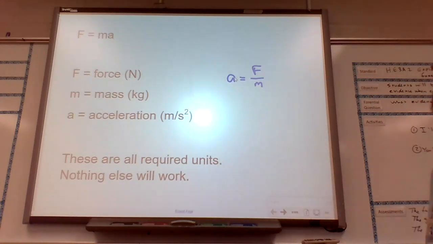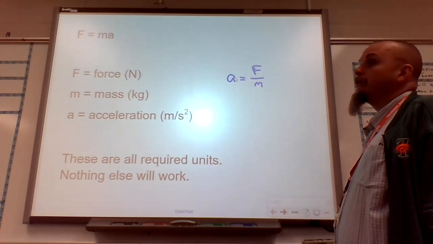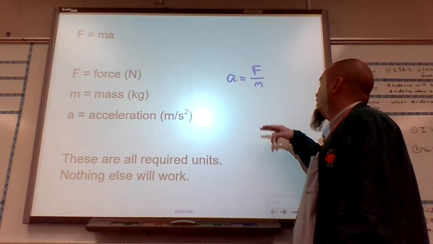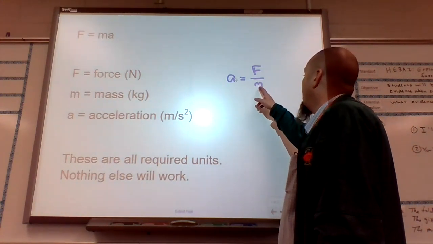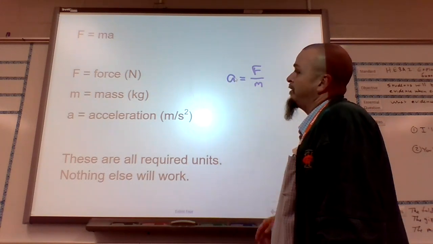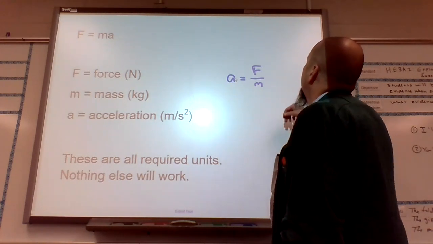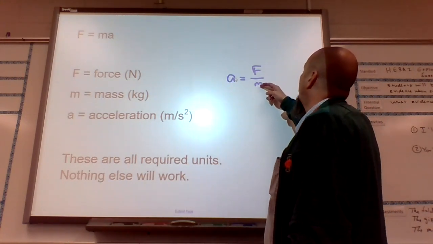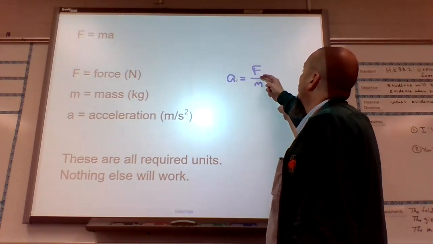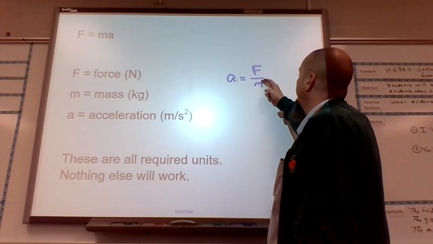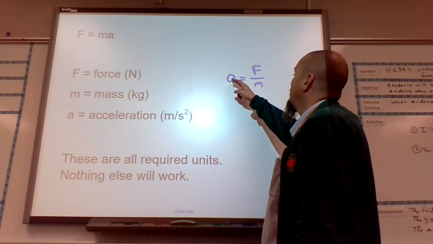This equation also shows us that mass and acceleration are inversely proportional. It's on the bottom. If I double the number on the bottom, I will cut the acceleration in half. So if this were 4 over 1, 4 over 1 equals 4. If this is 4 over 2, I double this number. My acceleration would be cut in half.